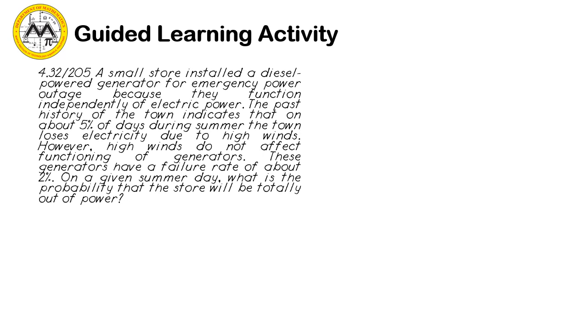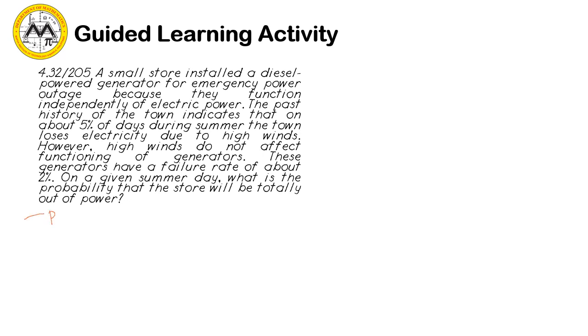So let's have this example. A small store installed a diesel power generator for emergency power outage because it functions independently of electric power. The past history of the town indicates that on the average, 5% of the days, the town loses electricity.